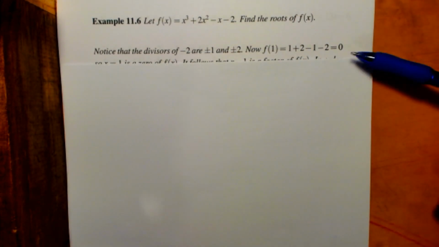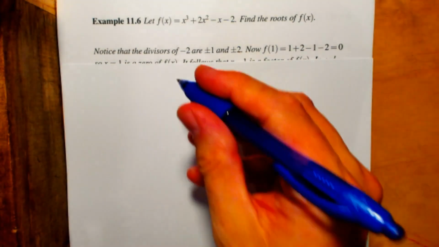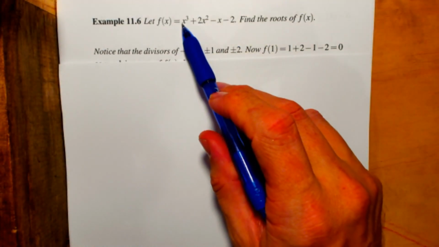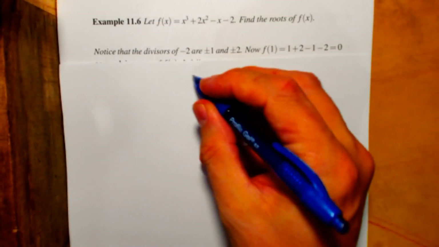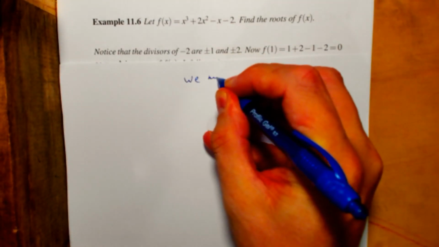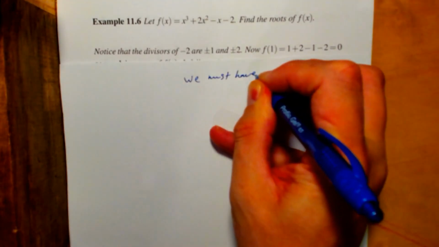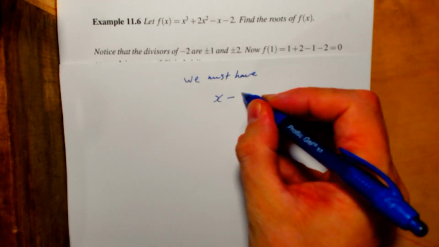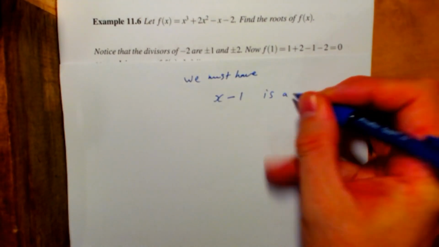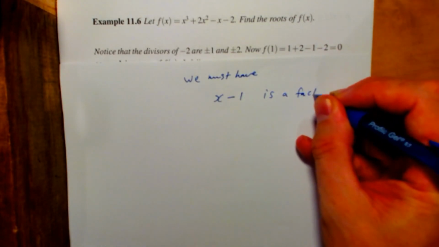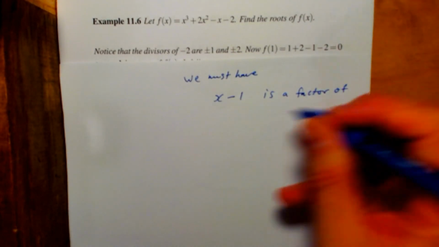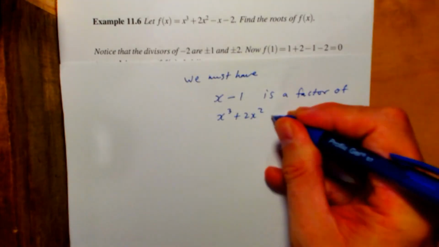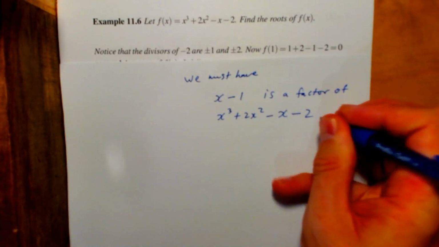That gives us 0. So we know that by the theorem, right, and since we have a leading coefficient of 1, we must have x minus 1 is a factor of that cubic, x cubed plus 2x squared minus x minus 2.